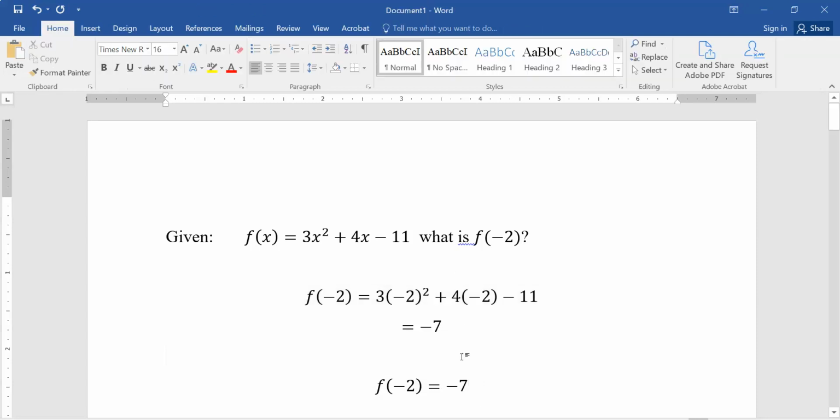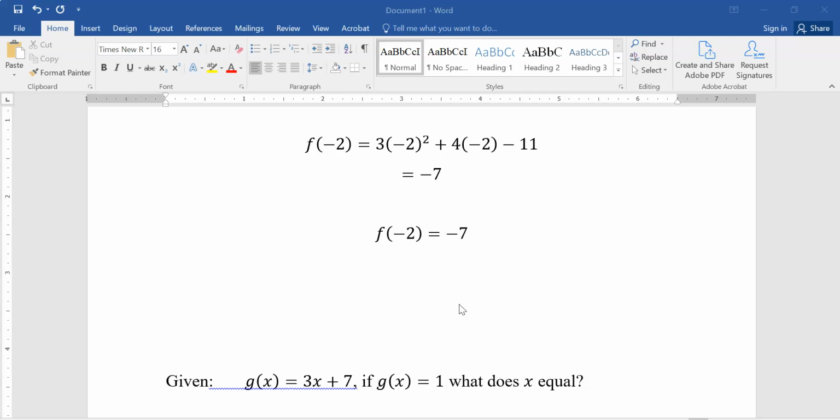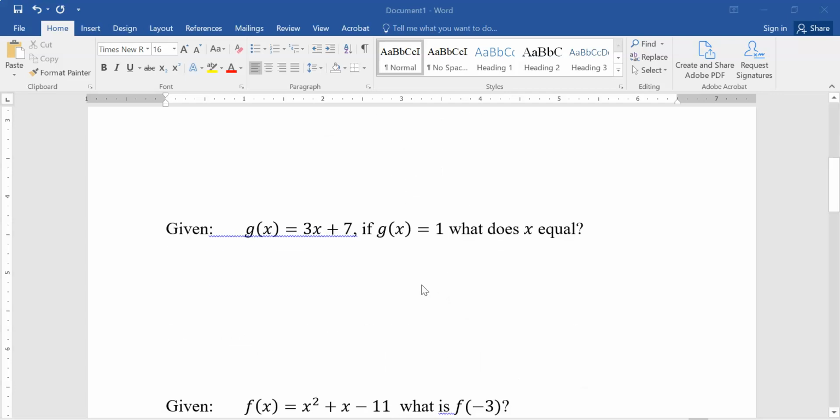There you go. Now the next problem that we deal with is, given g of x equals 3x plus 7, if g of x is equal to 1, what does x equal? Well, again, notice that this one is giving me my output, g of x is equal to 1, so the output is 1, and it's asking for the input of x.